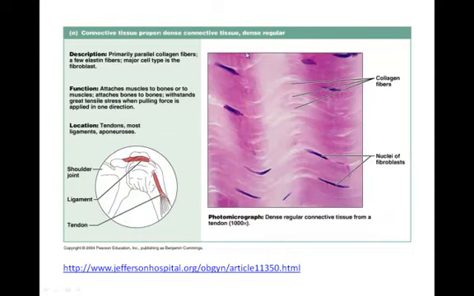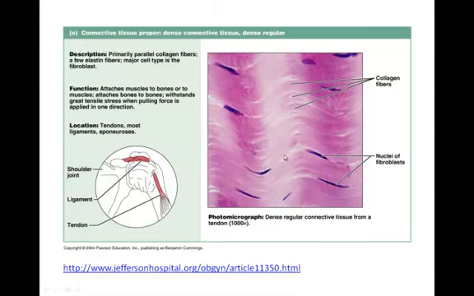So now we're getting into our dense regular connective tissues, or dense connective tissues. Here we have dense regular connective tissue where all of the collagen fibers are going in one direction. Here we have a nucleus of a fibroblast, and here's another nucleus of a fibroblast. Notice how these fibroblasts have to line up in a row because the collagen fibers are all going in a row.